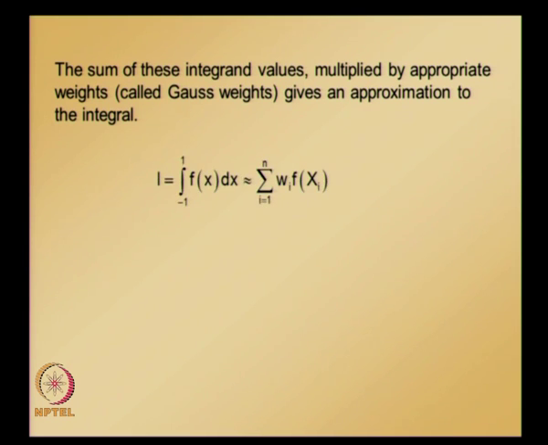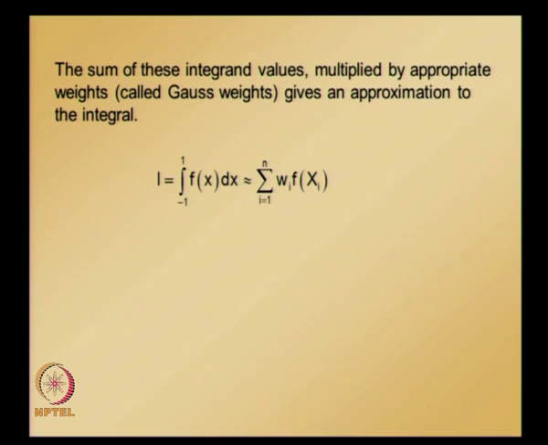For example, a function which needs to be integrated from -1 to 1 can be approximated as the function evaluated at n predefined points, where i takes values 1 to n.